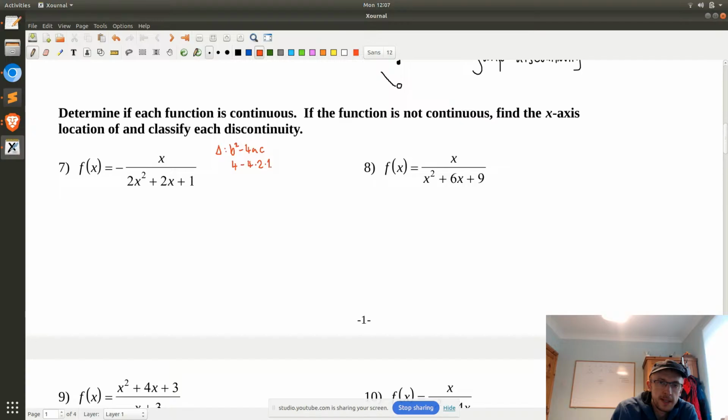And 4 minus 8 is negative 4, and so this sort of hovers above the x-axis. It has no zeros. And so I believe that this is continuous.